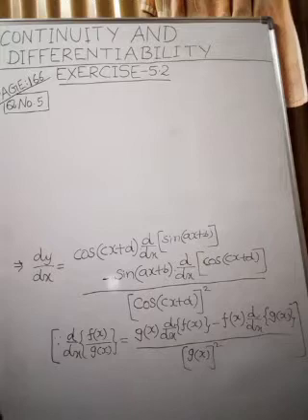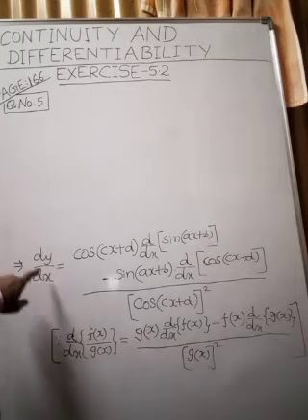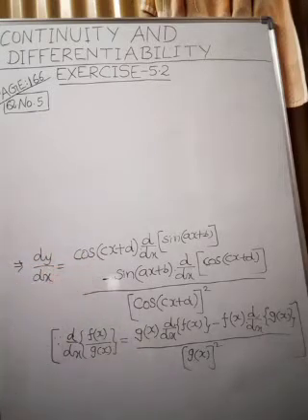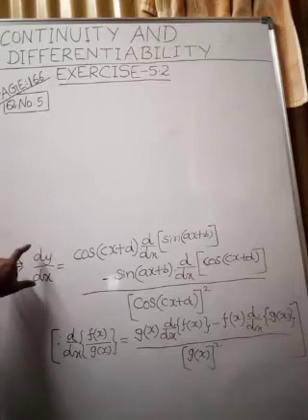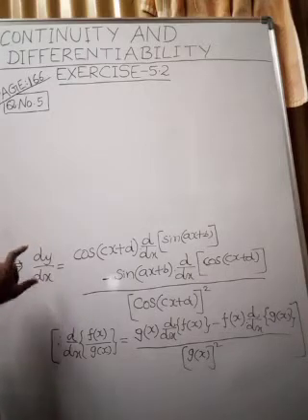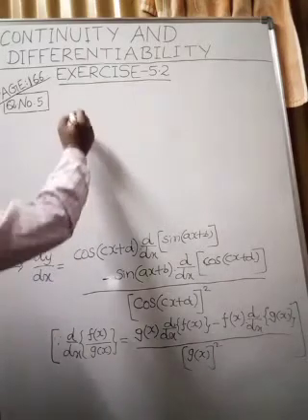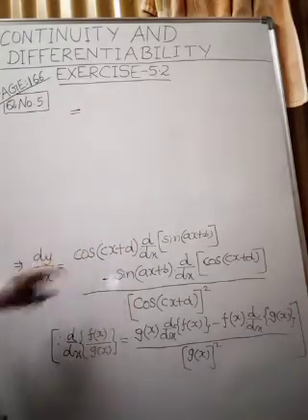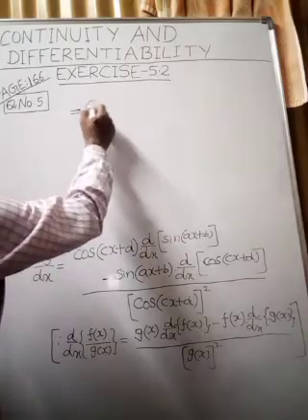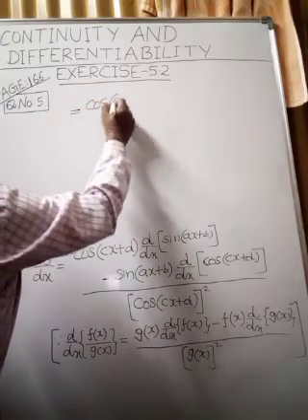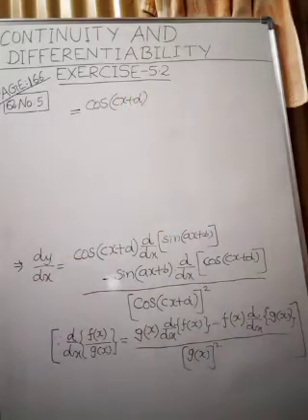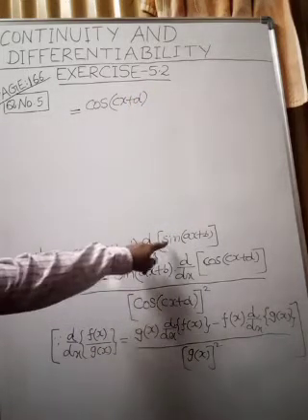Now come to the next step. In the RHS only we simplify; the LHS we leave as it is, dy by dx. Now this is equal to cos of cx plus d into, now it is in the form of d by dx of sin x.